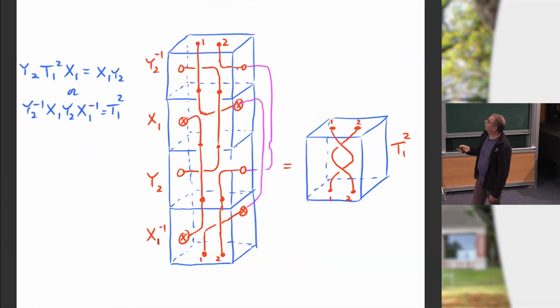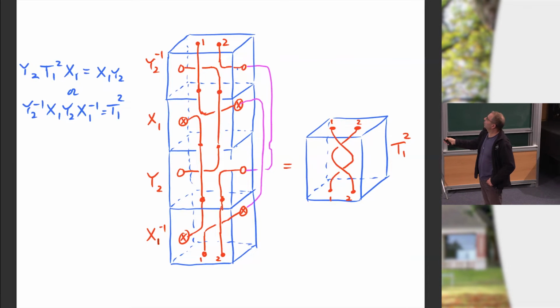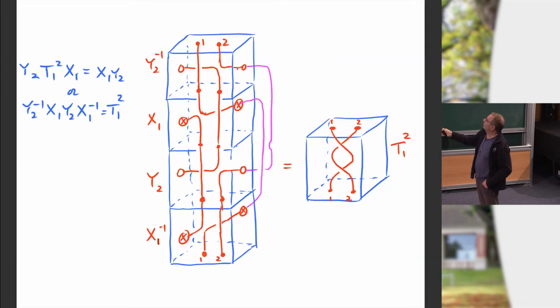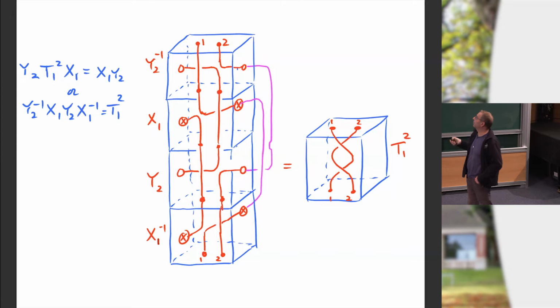Okay, so here the relation of commutation, or like I said, of group commutator, it's easier to view it this way, right, between x1 and y2. So I drew for you x1 and y2, and then x1 inverse and y2 inverse, according to the rules I gave you before, right? And now you have to remember that I have identification of the right and of the left, along the B cycle.